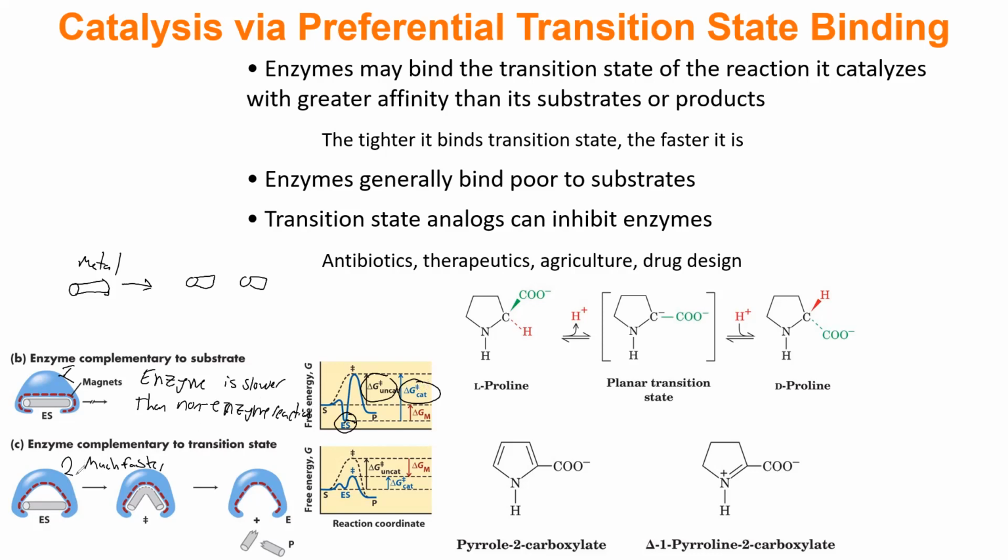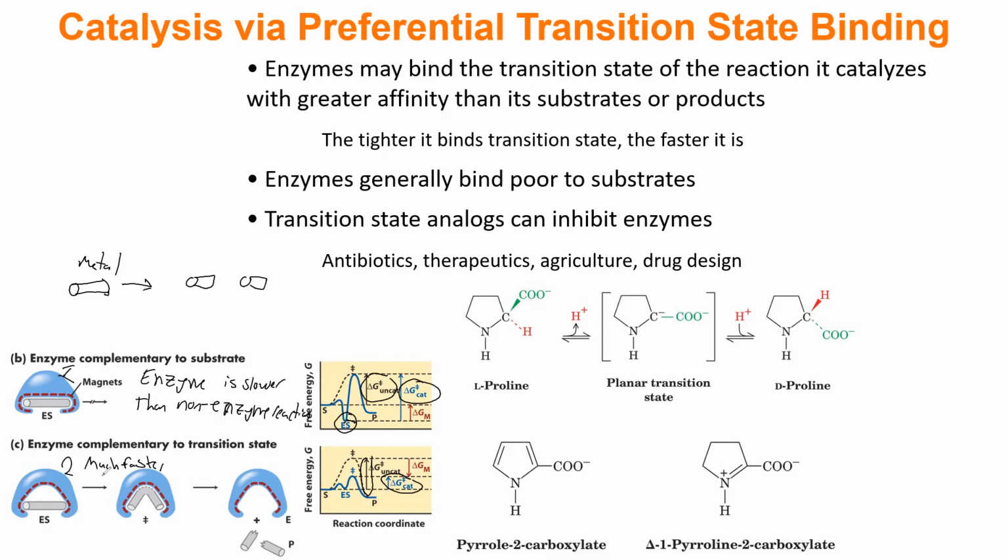However, in enzyme 2, you can see our binding site is perfectly fit for our transition state where we're half broke, half not broke. And so here, if you look at blue versus black, we are lowering delta G double dagger. So the enzyme is now faster than the non-enzymatic reaction.